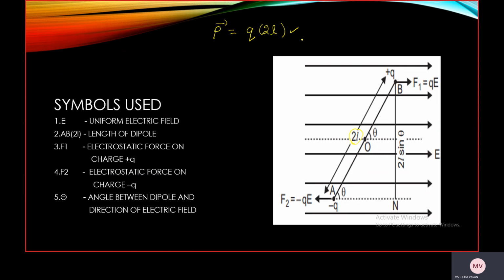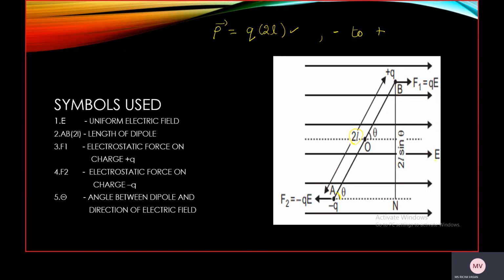And what is the direction of the dipole moment? It is always from negative to positive. So the direction of dipole moment will be negative to positive. Now here you can see that we are taking this dipole in such a way that it is making angle theta with our electric field intensity.